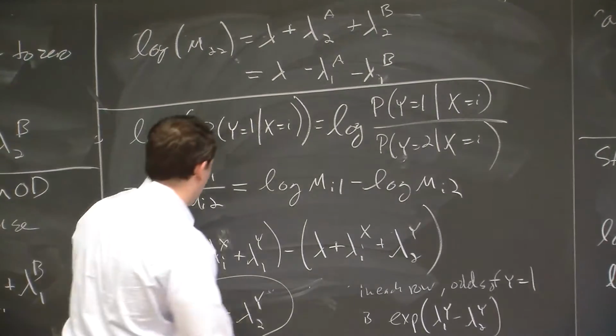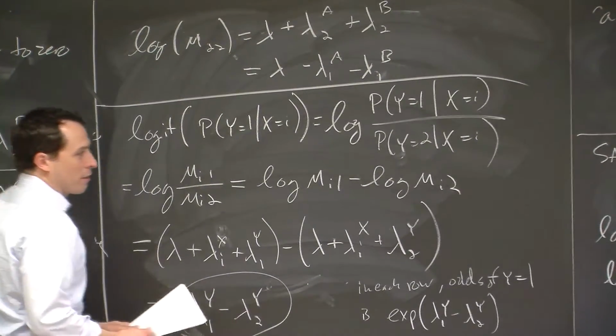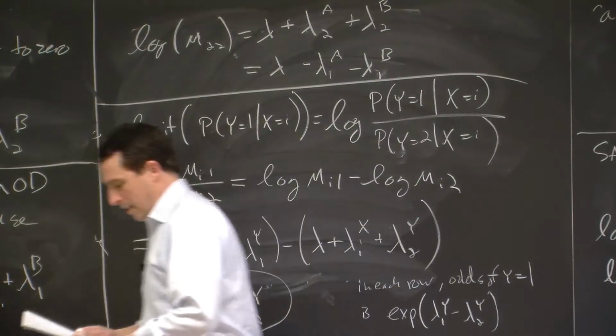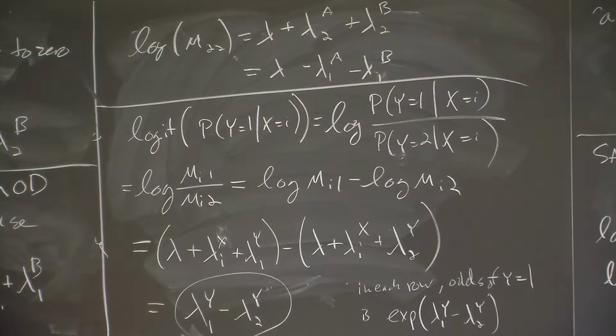So they depend on where we are, and not on how we got there, in terms of which thing we decided to set to 0, or the particular encoding that we chose. So these three different choices of constraints, first, last, or sum to 0, will give us different parameterizations, and therefore different parameters with different interpretations. You can get one from the other one to one. But these differences, or these log odds, will be unique and will be invariant.